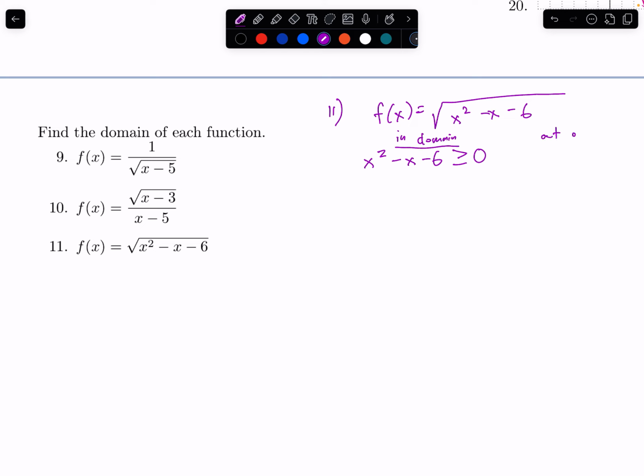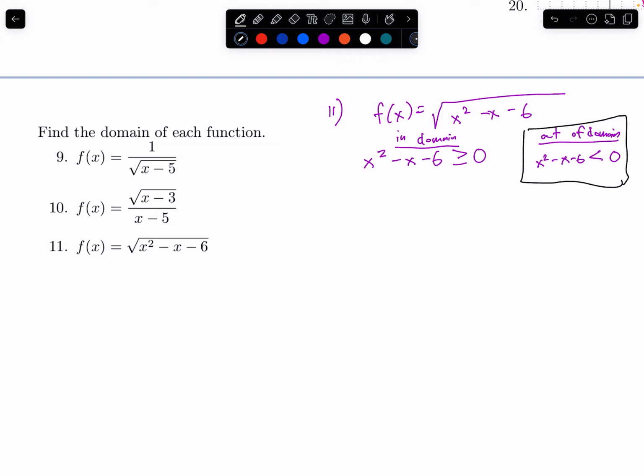Earlier I was finding what's out of the domain and then trying to find everything else. If I'm less than 0, that's out of the domain. If I'm bigger than or equal to 0, that's in the domain. So you just pick one or the other to solve. I'm going to go with in the domain this time. I think it's more direct.